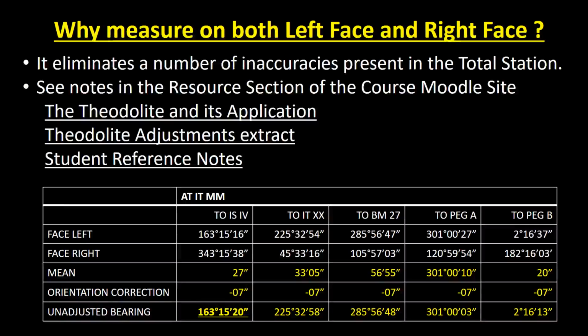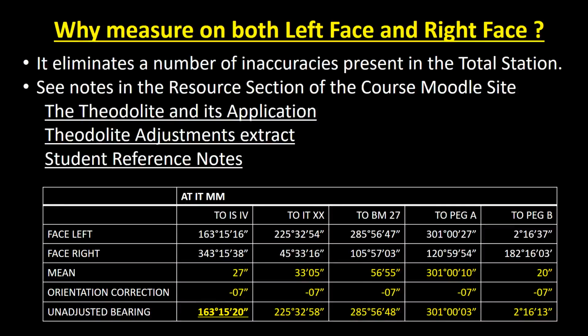Now, I've got here a little diagram with what we call the orientation correction. So let's have a look at this, and I've produced a worksheet on this, which hopefully has got the same answers as on here. But there may be a few seconds out here and there. We'll just have to see how it goes.